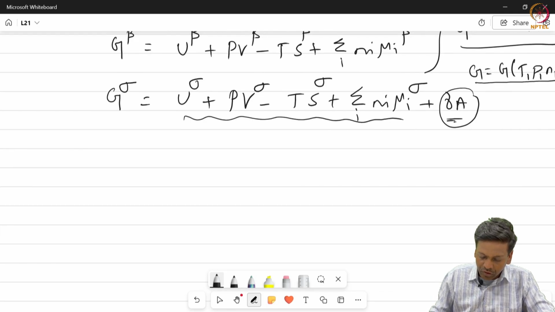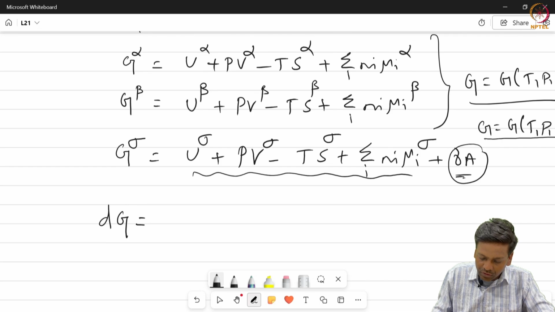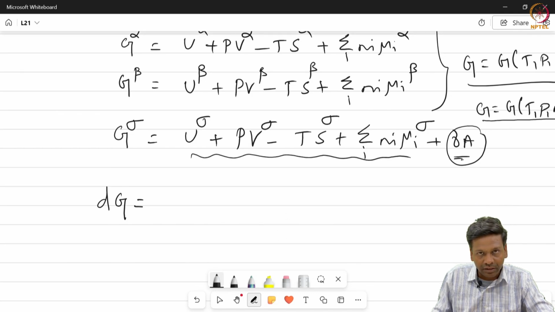Now you can express this in terms of differentials. When you express this in terms of differentials, since alpha, beta and sigma share these terms, they are going to be common in all these cases.